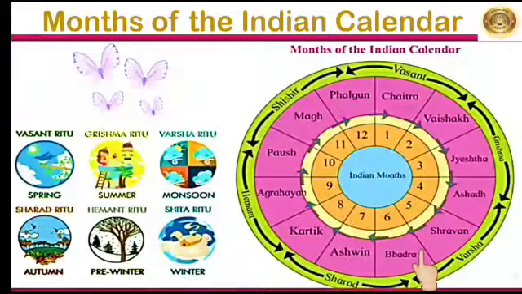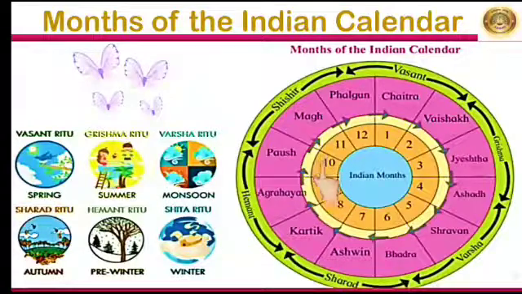The seventh month of the Indian calendar is Ashwin. The eighth month is Kartik. The ninth month is Agrayan.